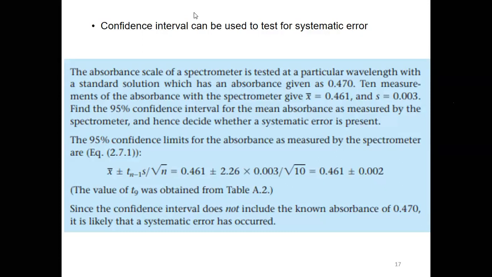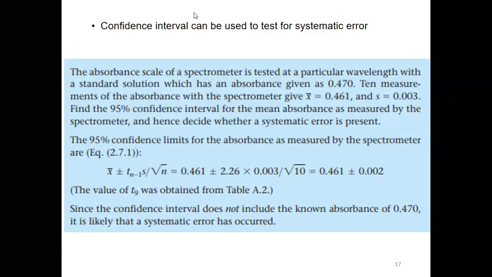Therefore, since the confidence interval does not include the known absorbance of 0.47, it is likely that a systematic error has occurred. We can say there's a possibility that a systematic error has occurred.